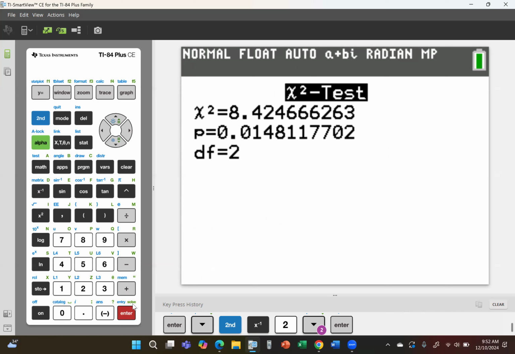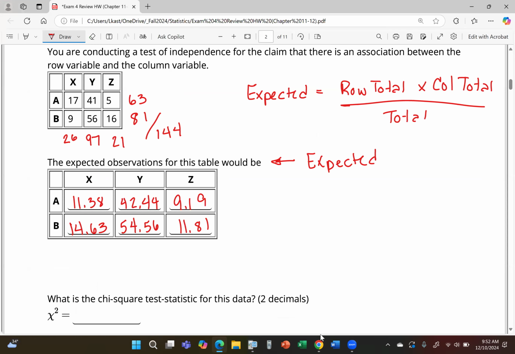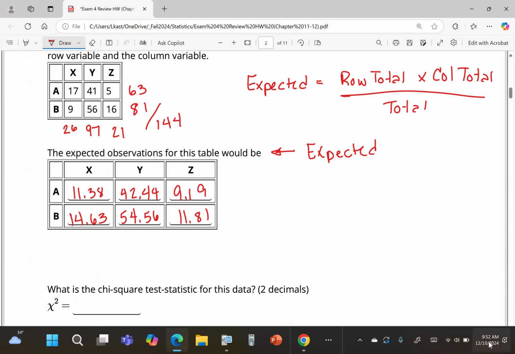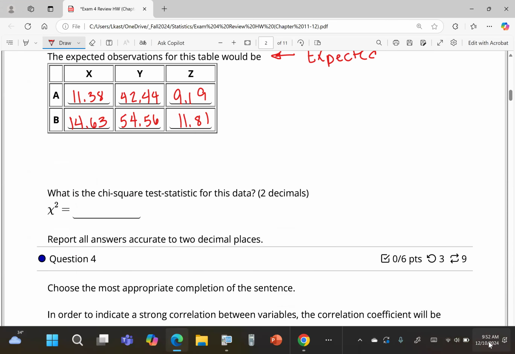Because it's the number of rows minus 1, which would be 1. 2 rows minus 1 is 1. And the number of columns is 3. 3 minus 1 is 2. 2 times 1 is 2. All right. So let's go put that chi-squared statistic in to 2 decimal places. 8.42.